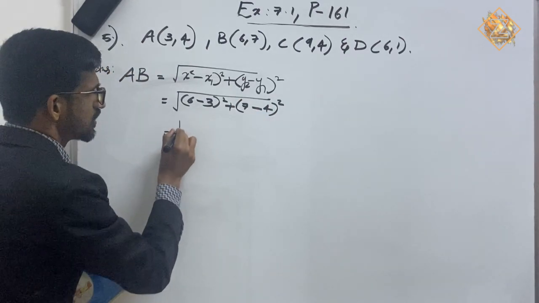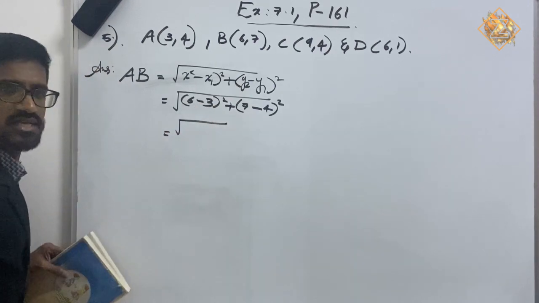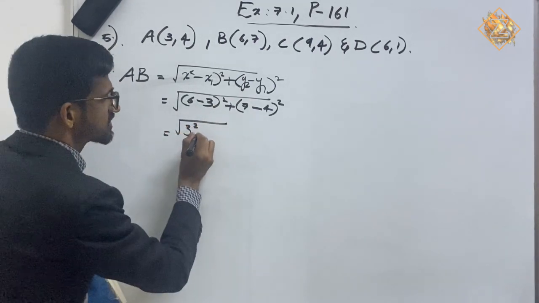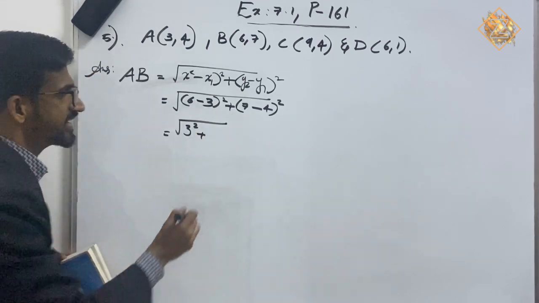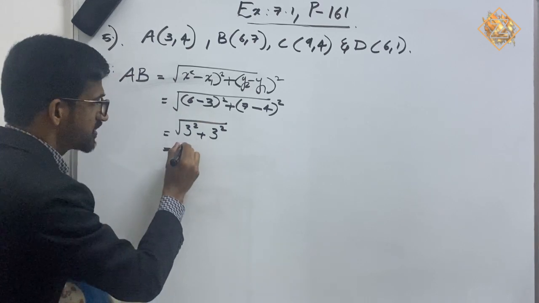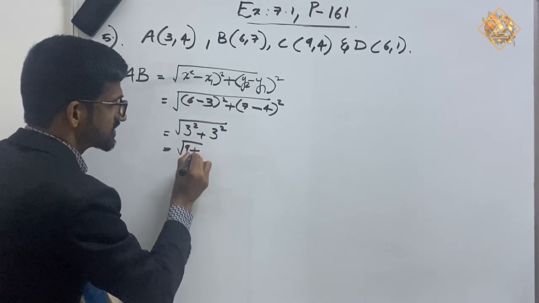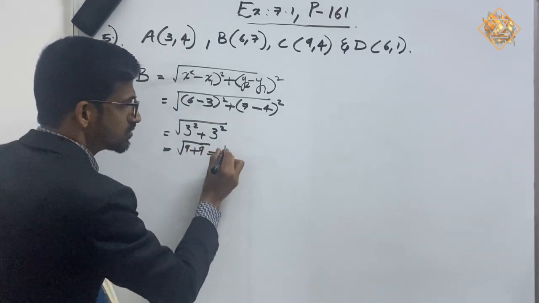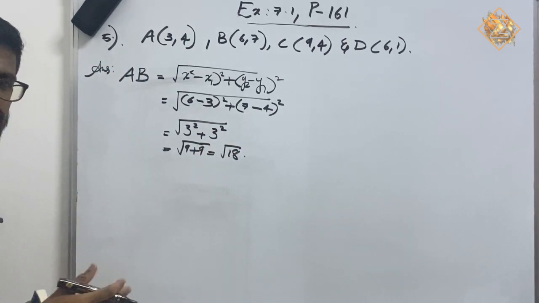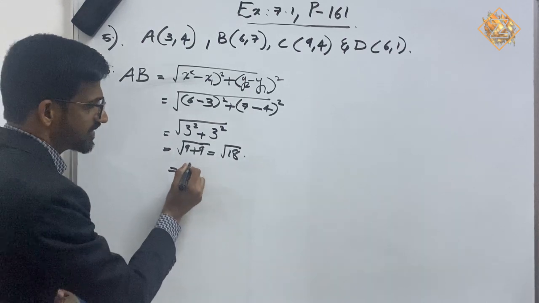That is equal to what? Root of (6 minus 3, that is 3) square, isn't it? Plus (7 minus 4, that's again 3) square. Okay, 3 square is 9, so that is equal to 9 plus 9, root of 18. Okay students, root 18 we can write as what?